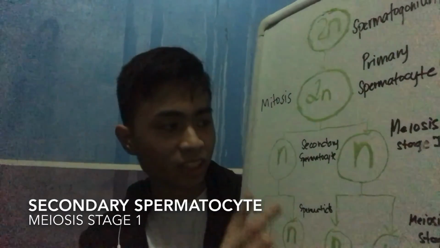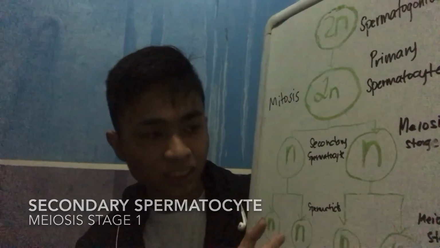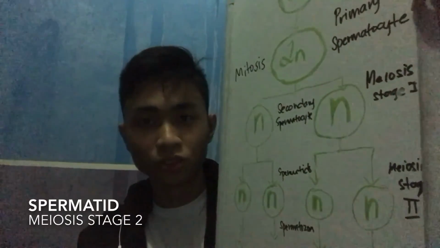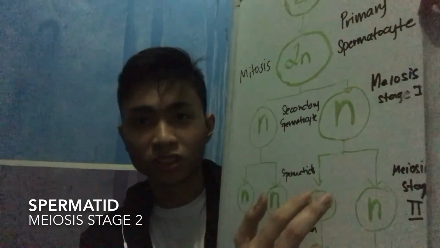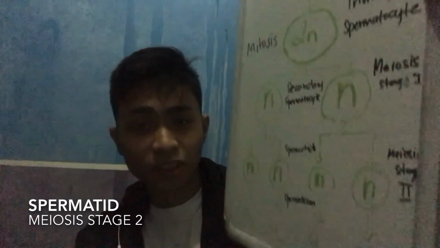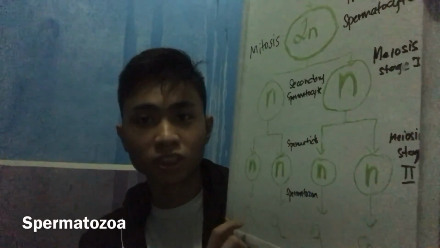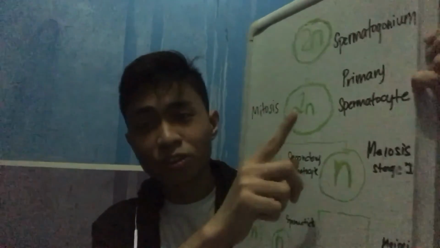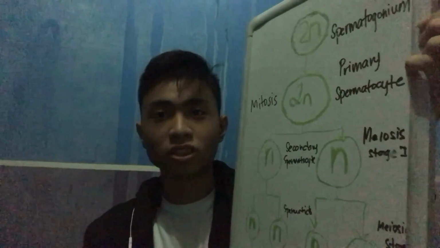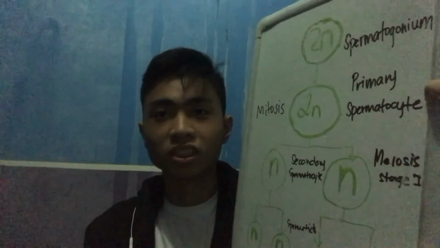Then each secondary spermatocyte creates spermatids in meiosis stage 2, so there are two spermatids for each secondary spermatocyte. And then the spermatid creates spermatozoa, or the sperm cell, when it becomes motile. One spermatogonium is equal to 8 sperm cells.